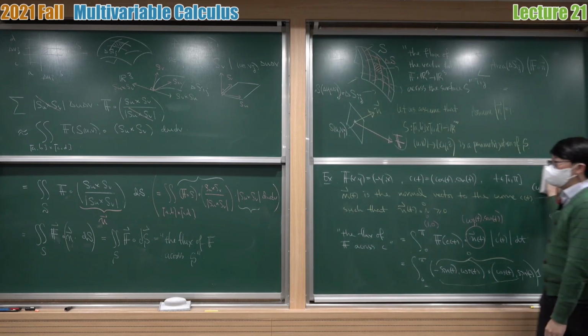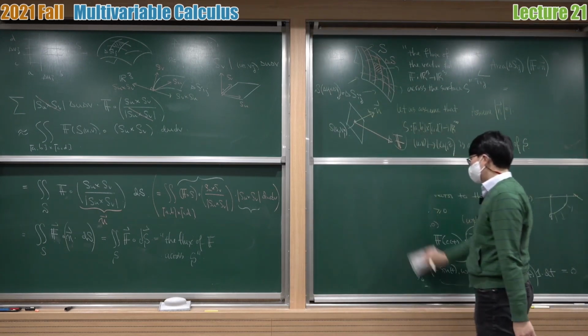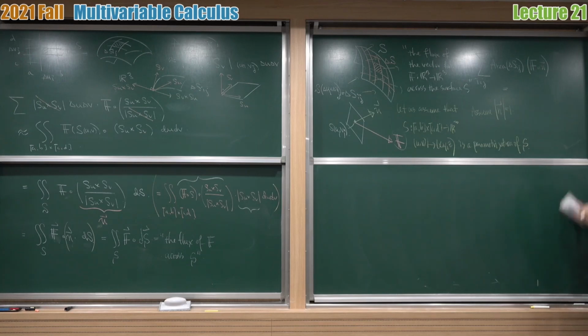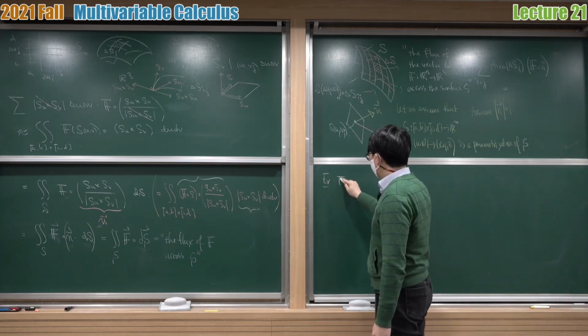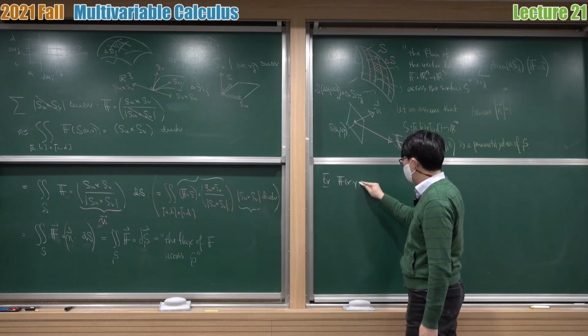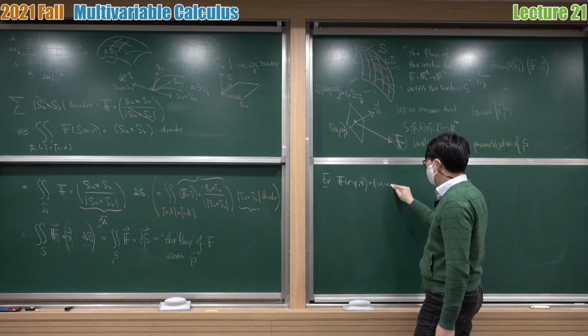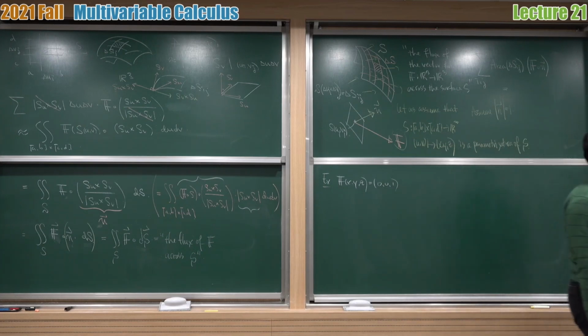Let's look at an example, a very simple example in the three-dimensional case. I'm going to take a constant vector field. It's always in the upward direction. So at any point x, y, z, my vector field is moving upward.